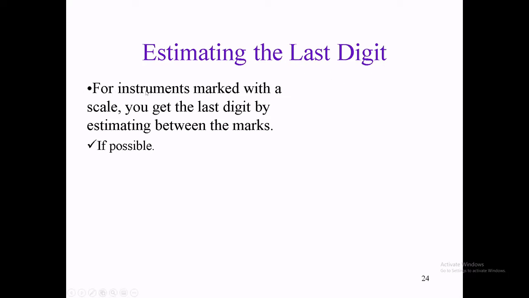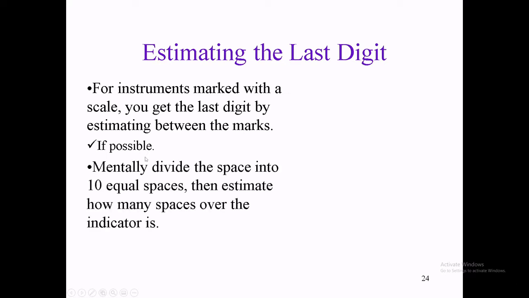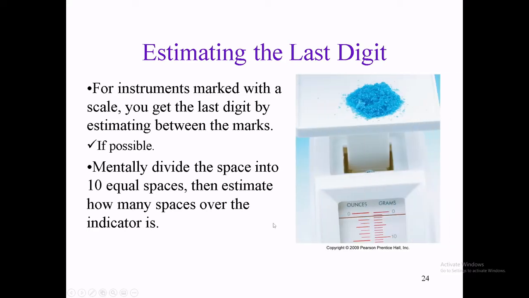So when we're making measurements, we need to get an estimate for that last digit. For instruments marked with a scale, you get the last digit by estimating between the marks whenever possible. You would do this by mentally dividing the space into 10 equal spaces, then estimating how many spaces there are between the two measurements. If we take a look at this, over here in grams, this is 0, this is 1 gram, this is 2 grams.